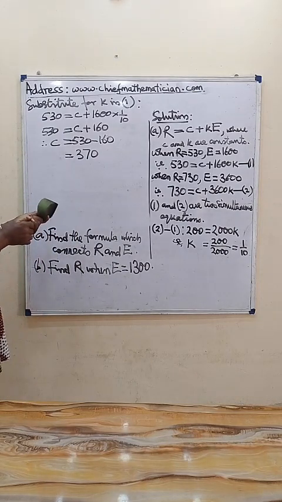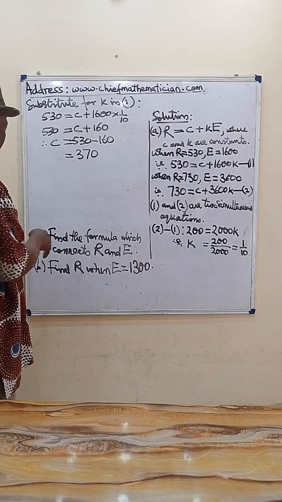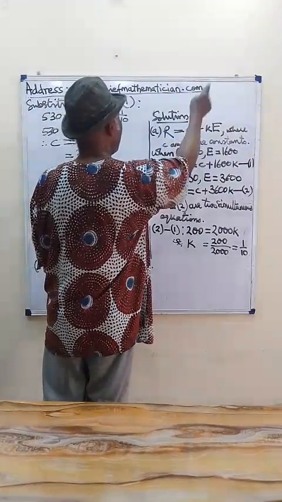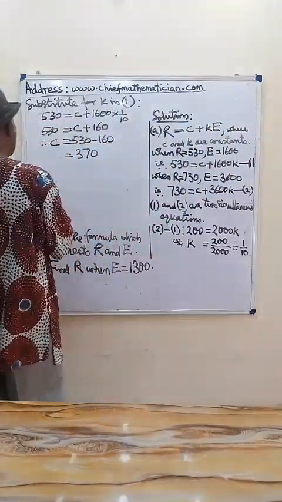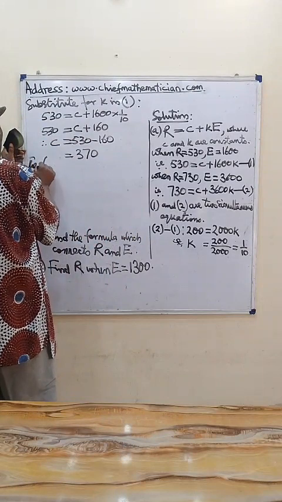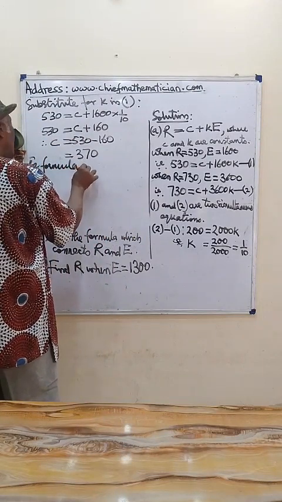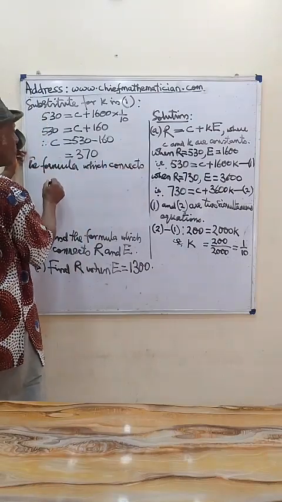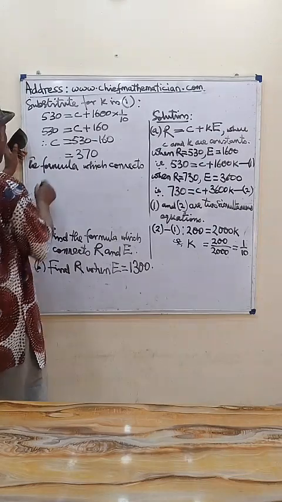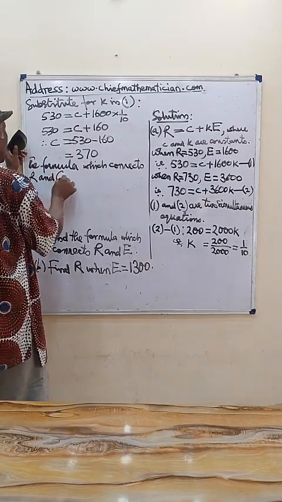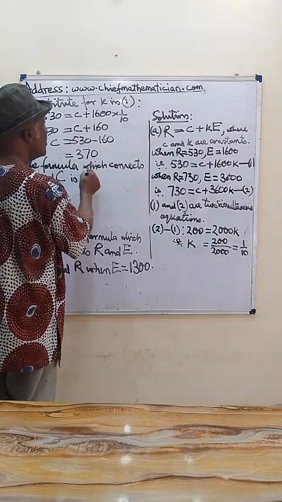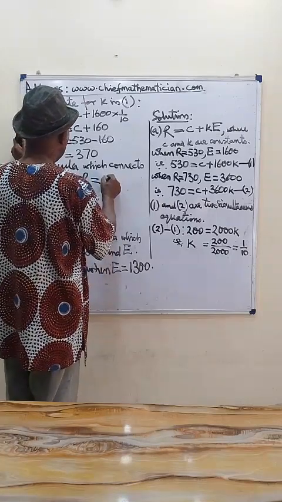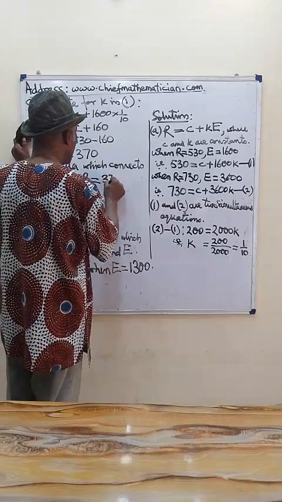And so we can now say that the relationship between the formula which connects R and E is what? Now we have got the value of C, we have got the value of K. So the formula which connects R and E is what? R is equal to, our C is what? 370.